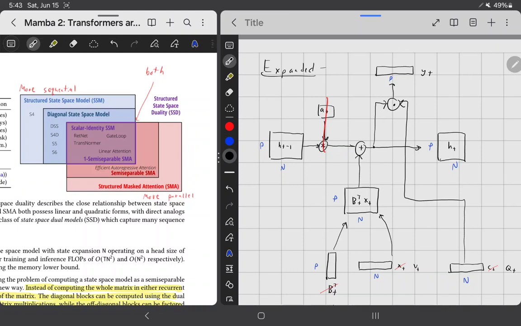Now, what they do is they say there are these things in the middle, like linear attention, and RetNet, and TransNormer, or GateLoop. I've never heard of TransNormer. They're in the middle, where they're not completely parallel and they're not completely sequential, and it makes a good trade-off.